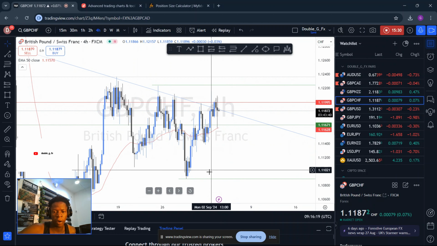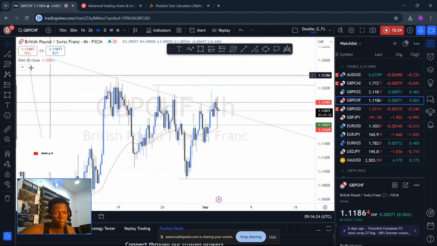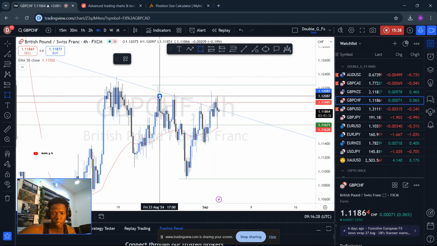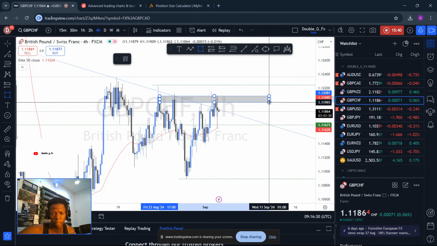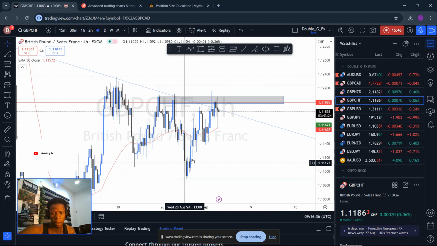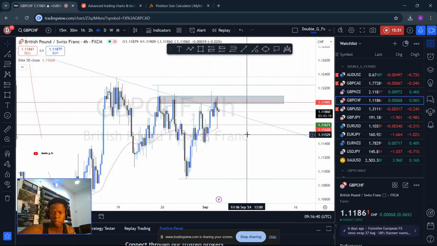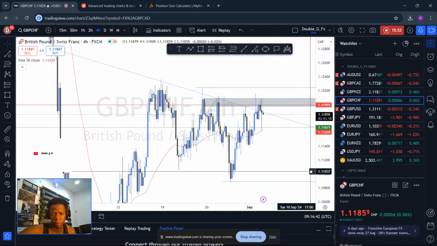On our 4-hour time frame, price is actually respecting this particular resistance zone. You can see price respected it around here, then price came all the way and respected it again. Price is here and still respecting the resistance zone.